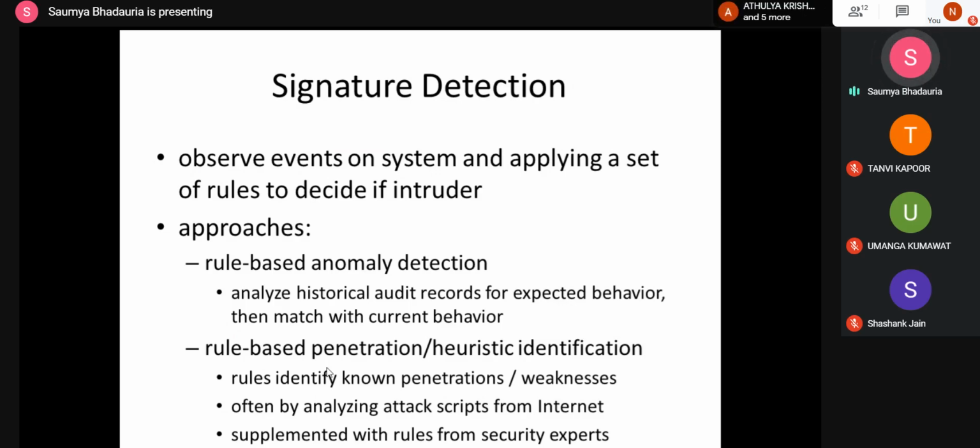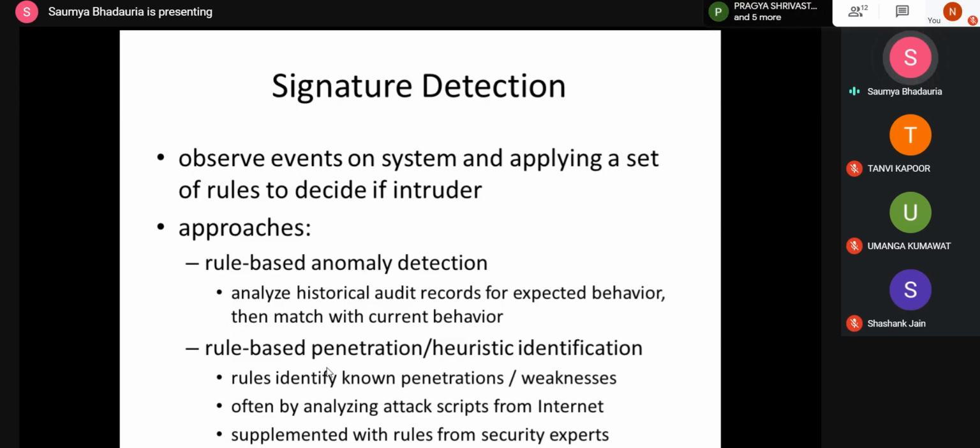So normally, when we're talking about signature or heuristic detection techniques used to detect intrusion, we are observing the events in the system and applying them on a set of signature patterns or a set of rules that are categorized as the data.